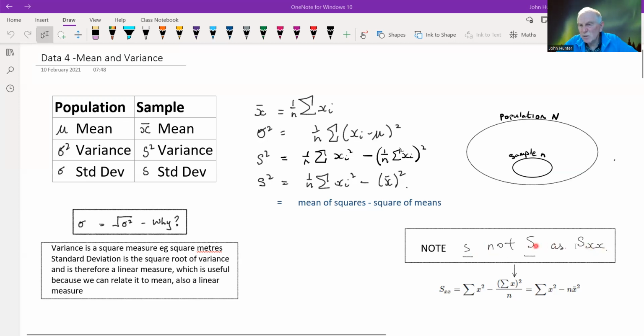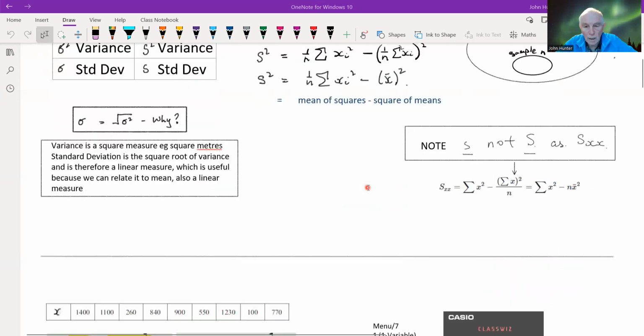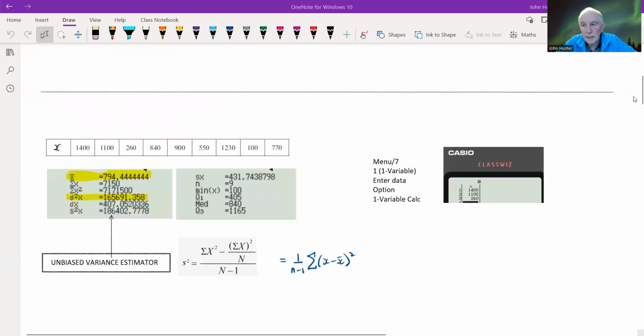So we won't need this. We don't tend to use this, certainly not in these videos. But just to mention, if at some point you see a large S with these suffixes, be aware that it has a slightly different meaning. Okay, so let's go on and have a look at an example.